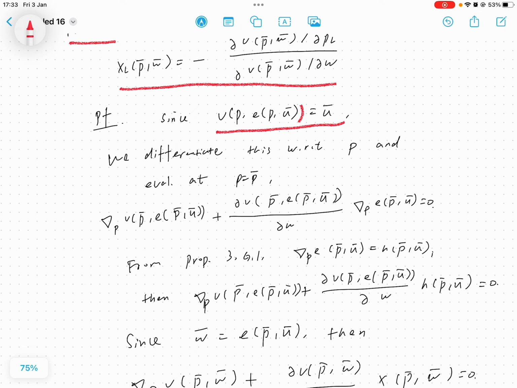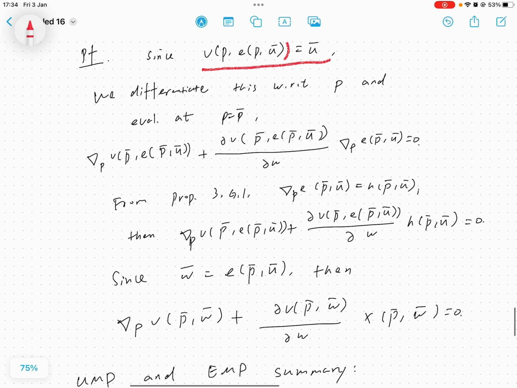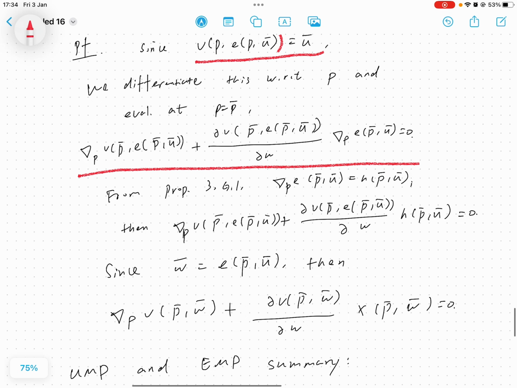If we differentiate this with respect to P, and then evaluate the whole thing at P bar, this gives us this equation below. Again, from Proposition 3.G.1, we have shown that the gradient of the expenditure E with respect to P is just the Hicksian demand.